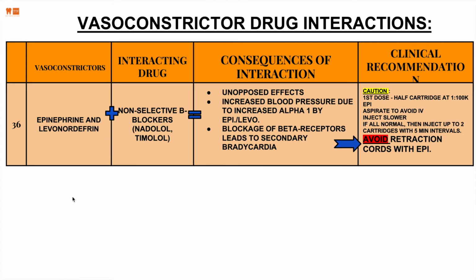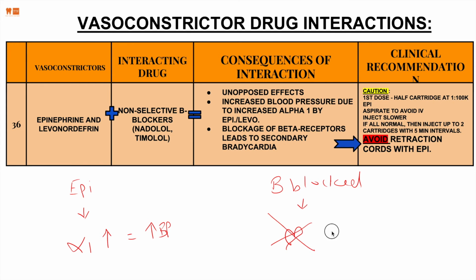But look at this: if epinephrine acts on alpha-1 and increases its activity, it will lead to an increase in blood pressure. So far so good? Okay. Now if beta is blocked, therefore if the heart is blocked, we will have a decrease in heart rate.